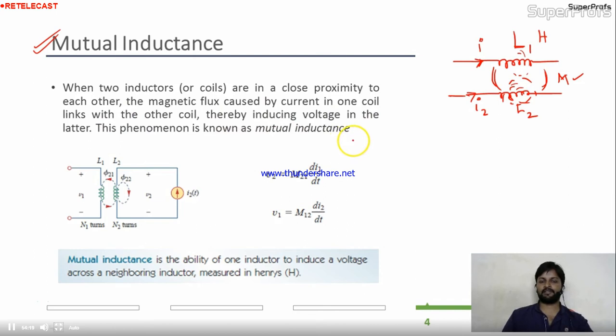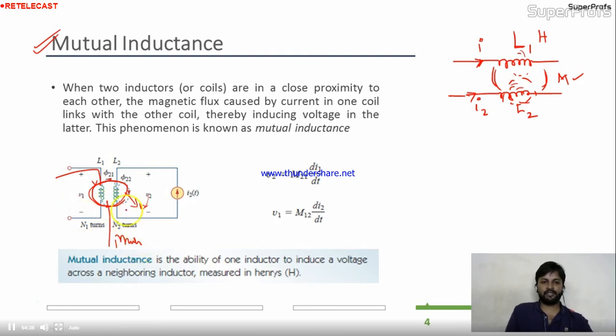This phenomenon is known as mutual inductance. What this statement is saying is that when current flows in this coil, due to the magnetic field, the same flux links with this one also. So here also we get some voltage due to this. This relation between the two coils is given by the mutual inductance.